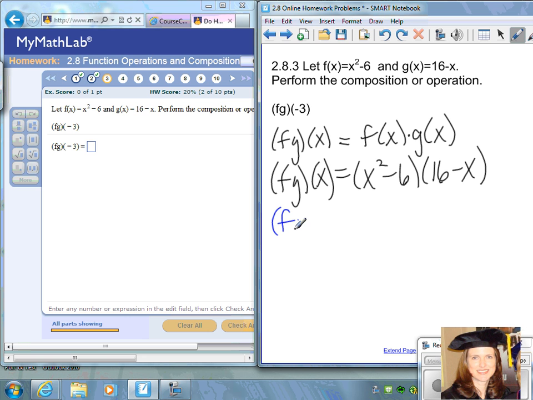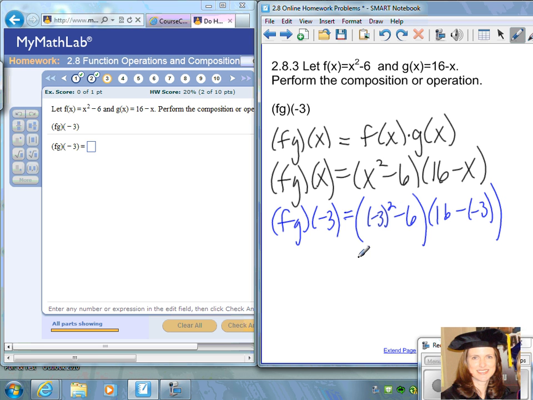And we can find fg of -3. You're going to plug -3 in for all of the x's. So this would be -3 squared minus 6, and 16 minus a -3. -3 squared is 9. So the first parentheses is 9 minus 6.